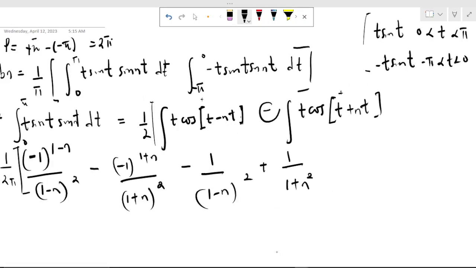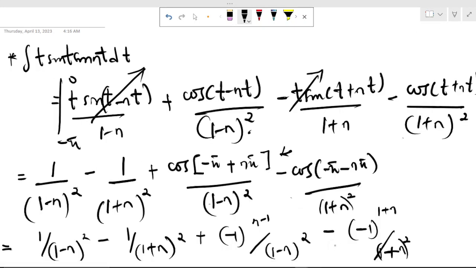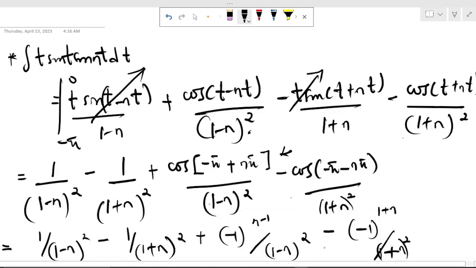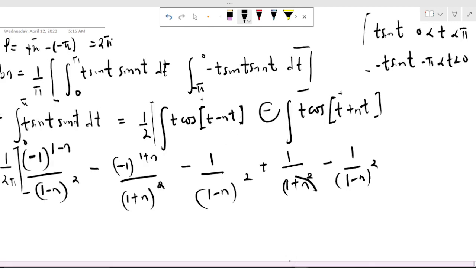Now we have just found the integral of this, and we have kept our minus pi to 0, but there's still a negative sign here, which means that before adding this here, every term should be multiplied by a negative value. So let's go. The first thing here is 1 over 1 minus n squared, so we have minus 1 over 1 minus n, in brackets, all squared. Next we have minus 1 over 1 plus n squared, which becomes plus 1 over 1 plus n squared.